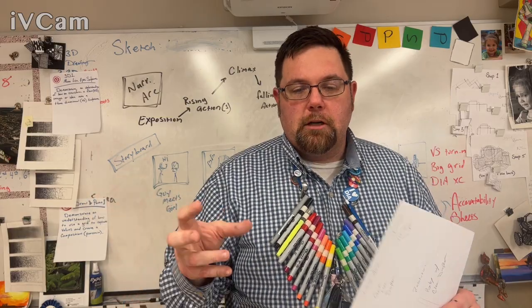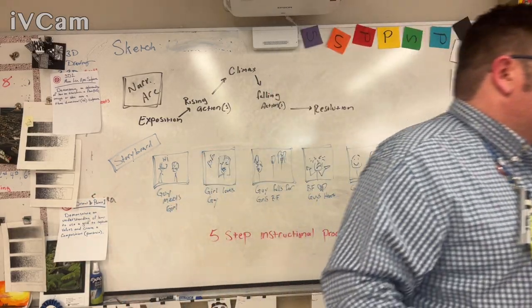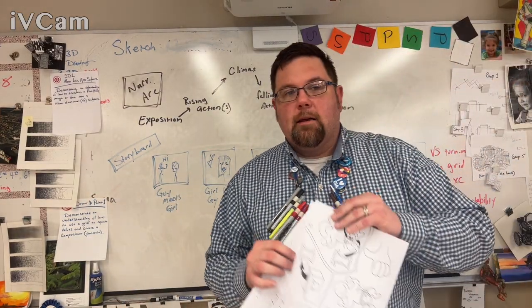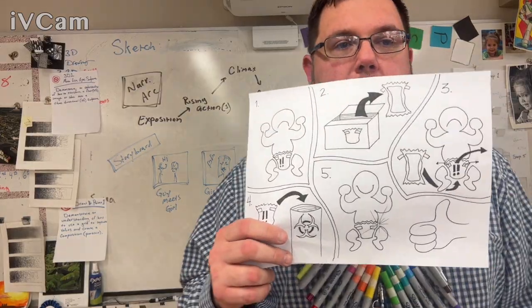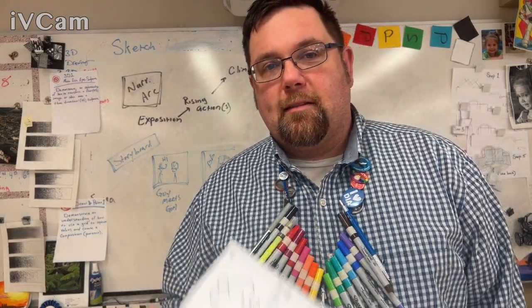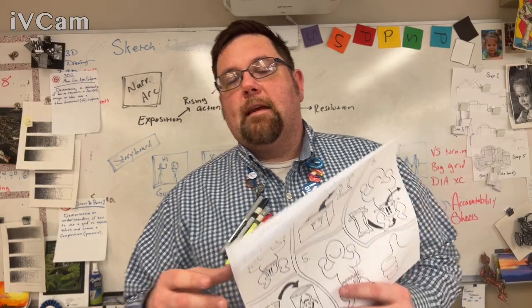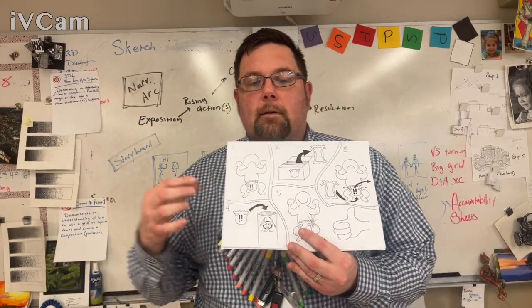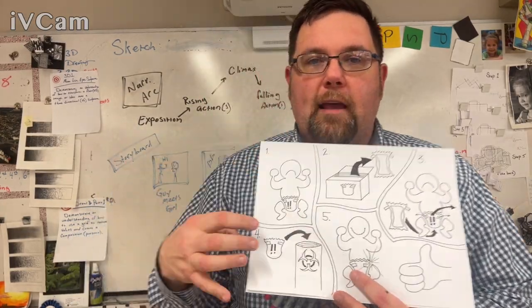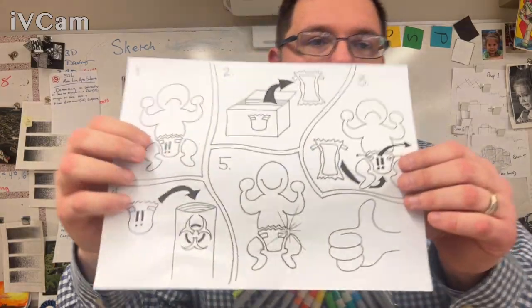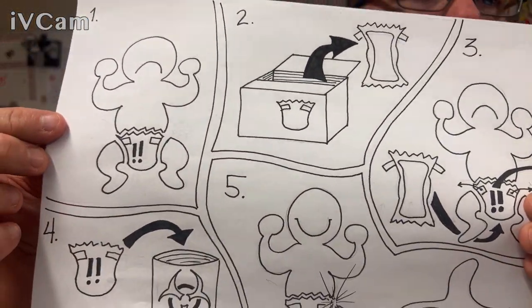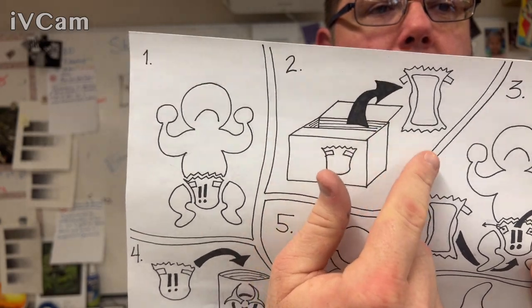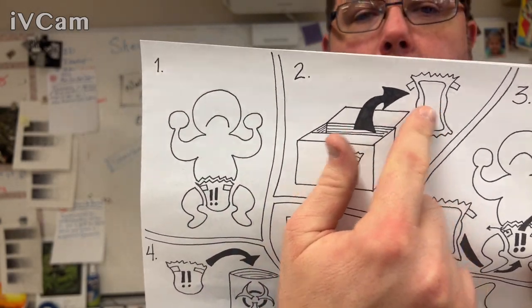I've got a couple more sheets of paper where I redrew and I traced the baby so that the baby looked the same every time. If you're simplifying something, the baby and the diaper are the same. The only difference between the diaper is when it's either closed or it's open.